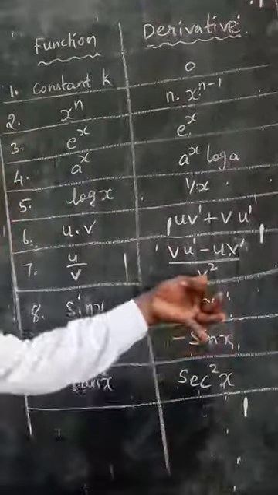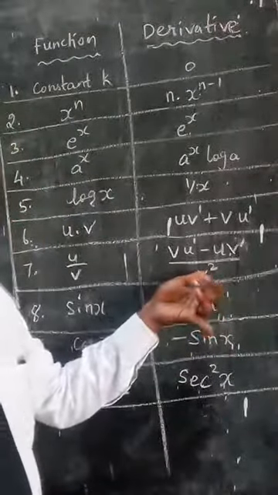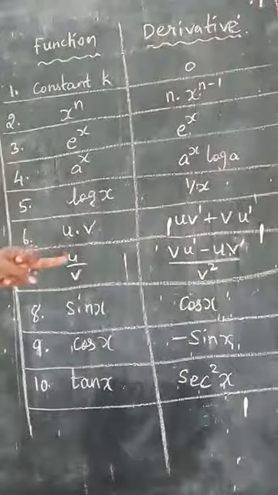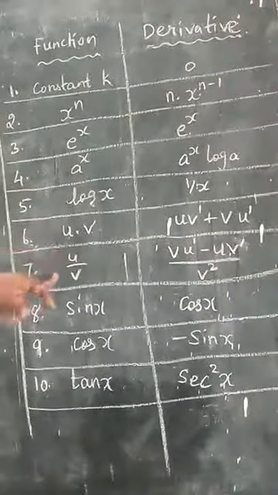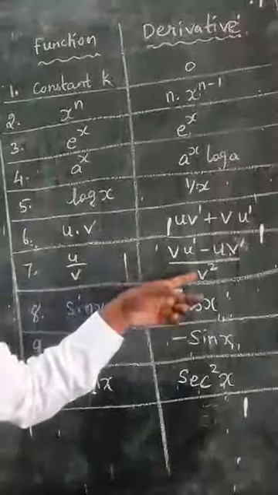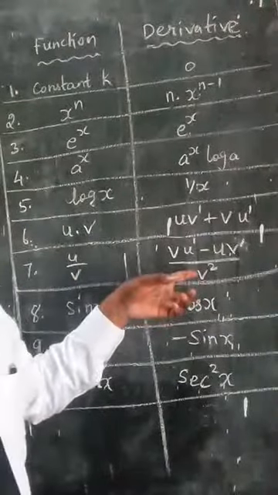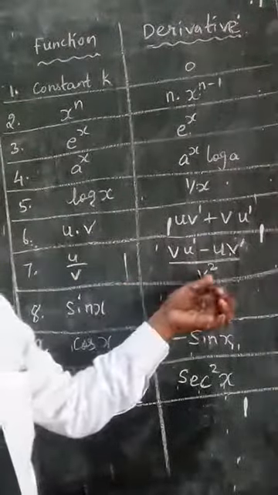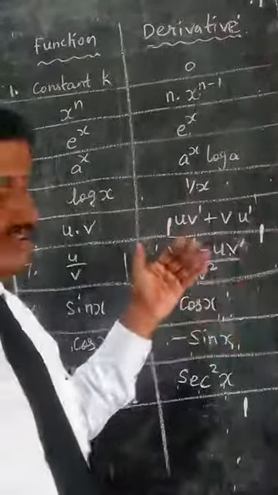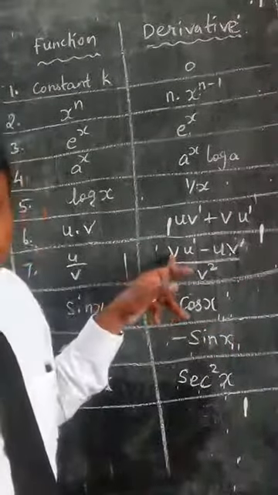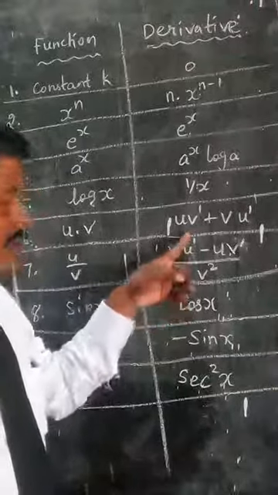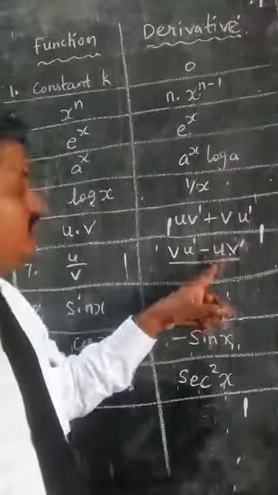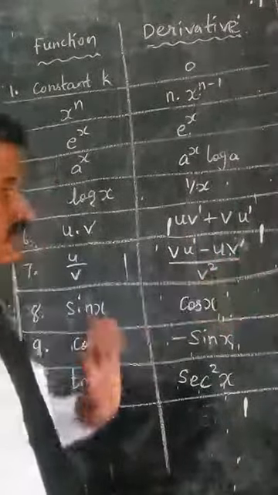So this is the formula which is called the quotient rule of differentiation. When two functions are present in a quotient like this, we should only apply this method to differentiate that type of function. So the denominator carries v square. What is the numerator? It starts with v, not u. v into u dash minus u into v dash by v square.